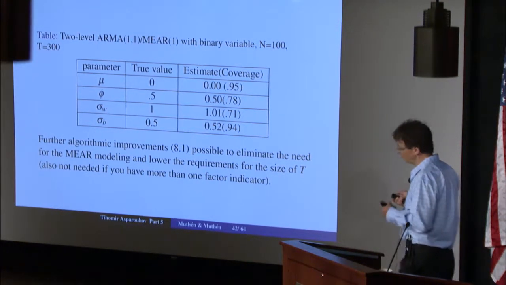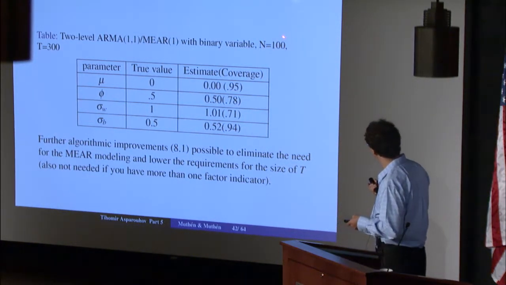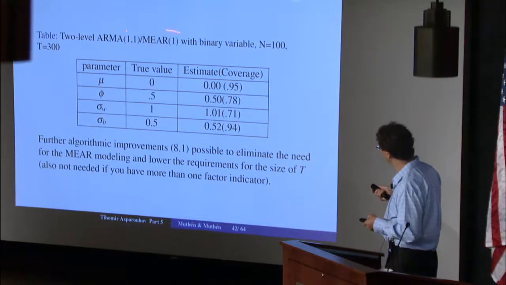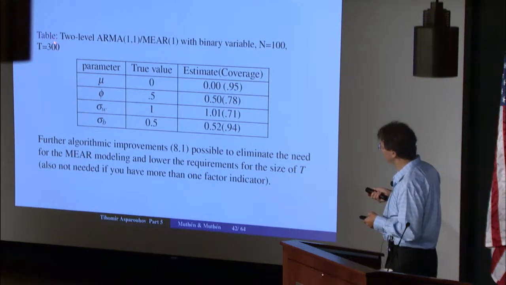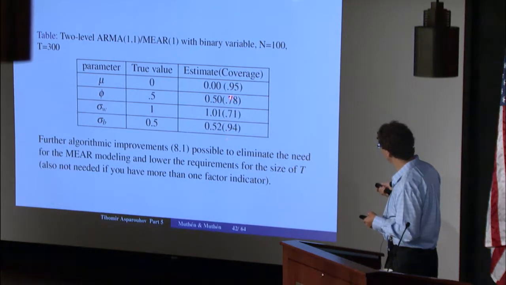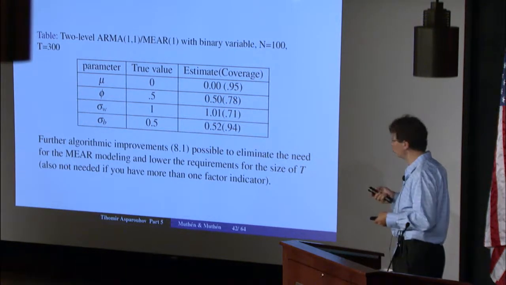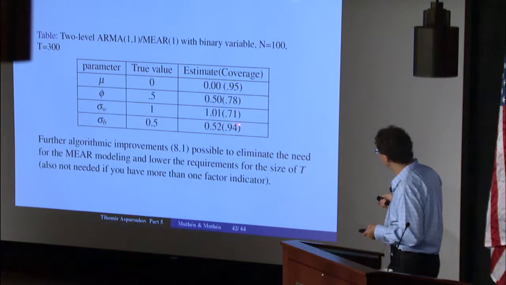Just a couple of simulations here. I was interested to see what the demand on the sample size is. What I found is that with a binary variable, I needed 300 time points to reduce the bias and get unbiased estimates. The coverage is a little low for these two parameters here, but if you run a much longer sequence, you'll probably be able to resolve this.